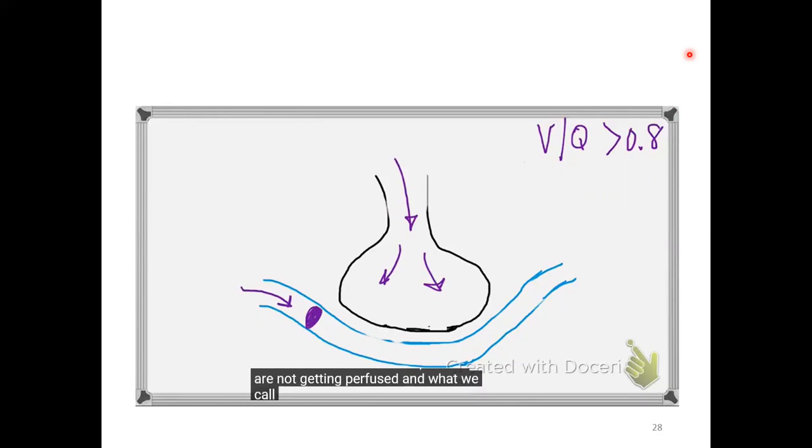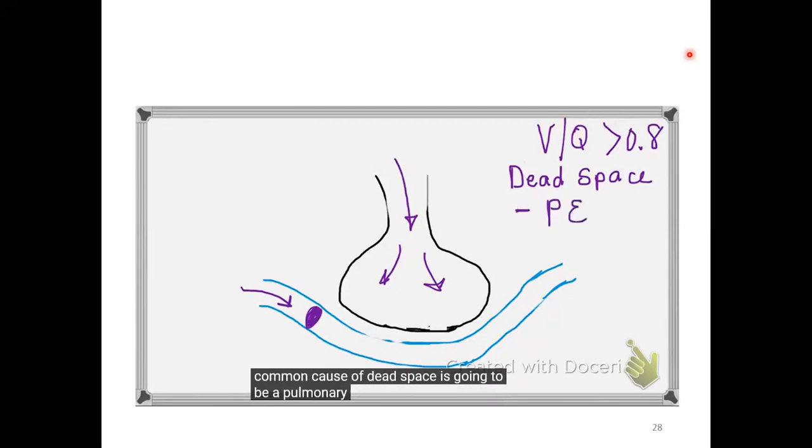And what we call this is dead space. And the most common cause of dead space is going to be a pulmonary embolism. Again, you're getting good, adequate ventilation, but decreased perfusion. And again, it's interfering with the O2-CO2 exchange. So hopefully this clears up a little bit about VQ mismatches.